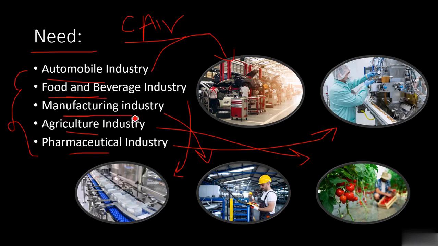And in the manufacturing sector, we are using compressed air, for example for spray painting. And for the agriculture industry, we are using compressed air also, and for the pharmaceutical industry.